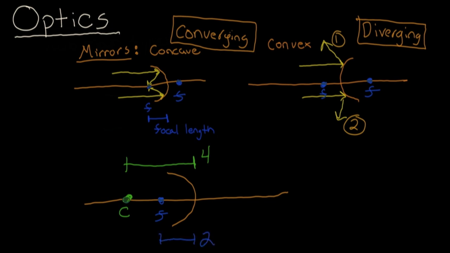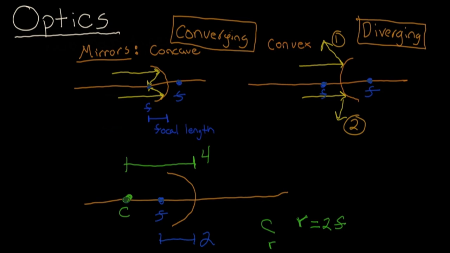So based on that relationship, you can either see the radius of curvature as C, or I've seen it before as R. Regardless of how you see it, just know that the radius of curvature, so in this case we'll write it R, is equal to 2 focal lengths, right? And that's an easy relationship to understand.